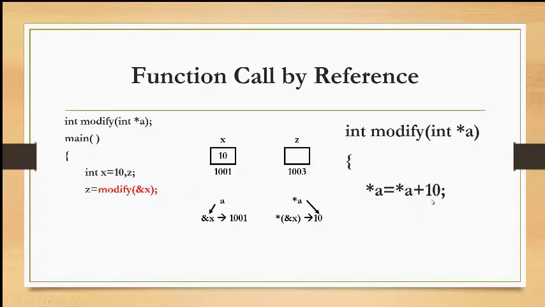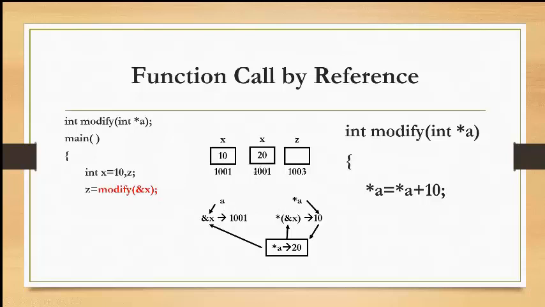Now with this value 10, I'm trying to add the value 10 so that it becomes 20. So star a becomes 20, and this 20 is getting assigned to star a. So in the memory location of x, 1001, the value is getting updated directly with 20.